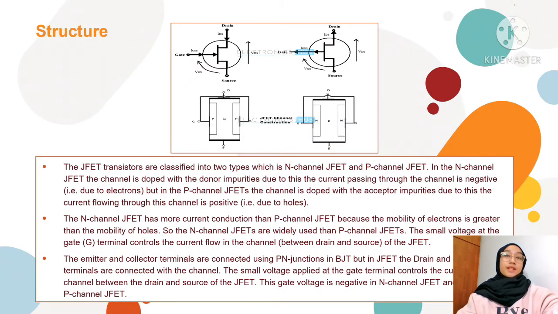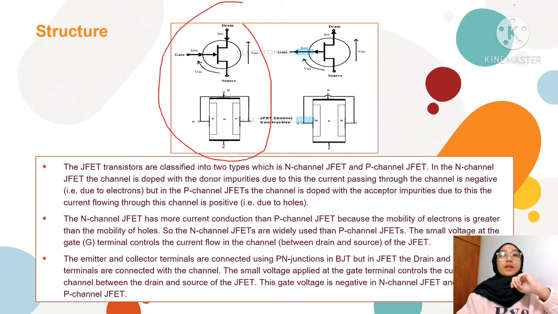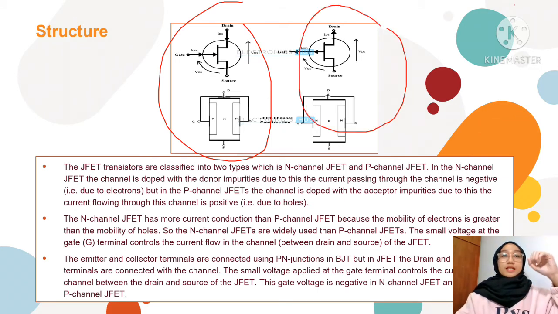As you can see, here is the structure of the JFET transistor, and it can be classified into two types: this one is the N-channel JFET, and this one is the P-channel JFET. In N-channel JFET, the channel is doped with donor impurities, and the current passing through the channel is negative, which is electrons.